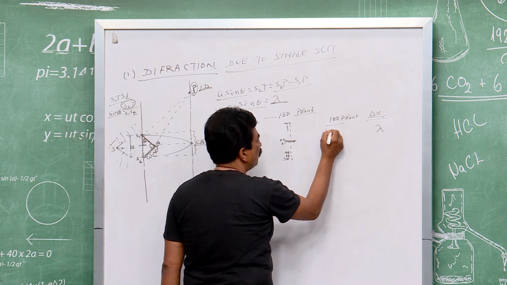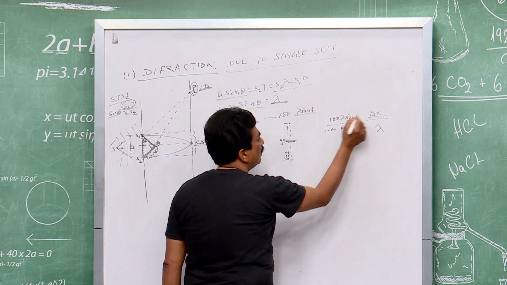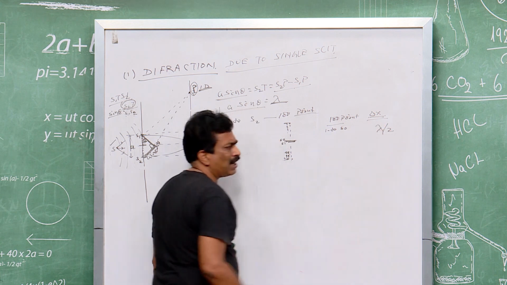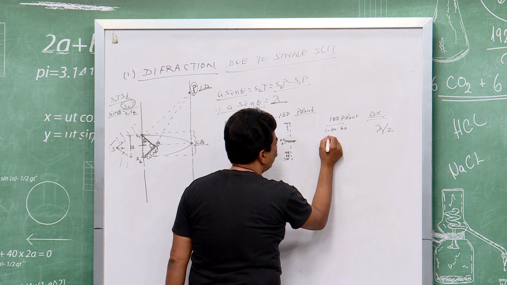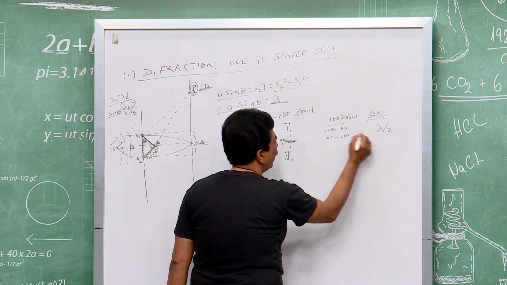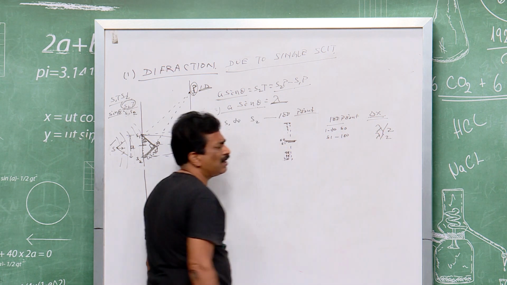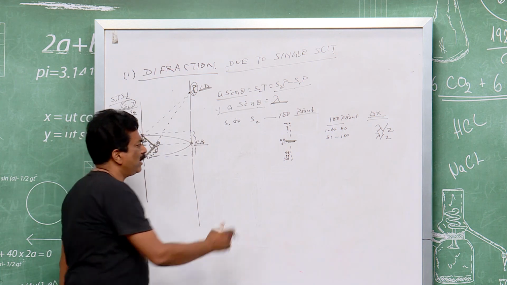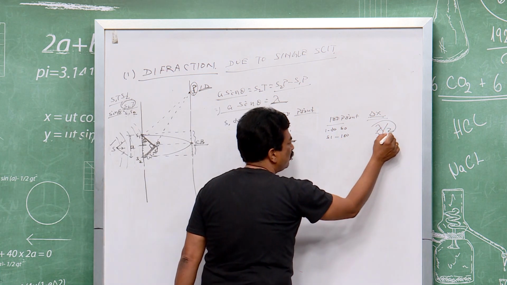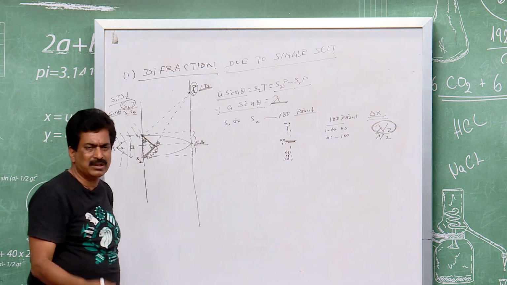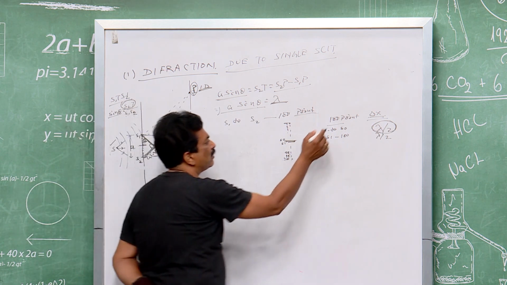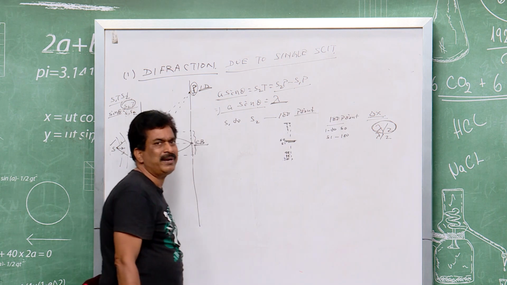From 1 to 50, the path difference will be how much? Lambda by 2. From 51 to 100, that distance is also lambda by 2. So what can you say about lambda by 2? For lambda by 2, you know that it is destructive interference.